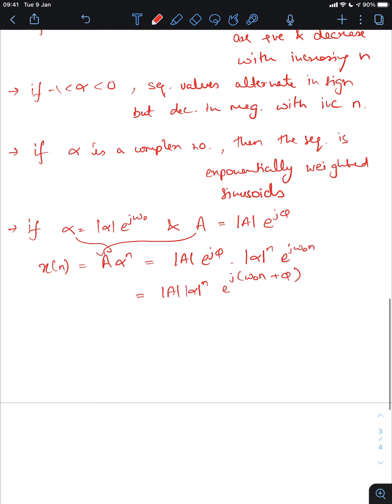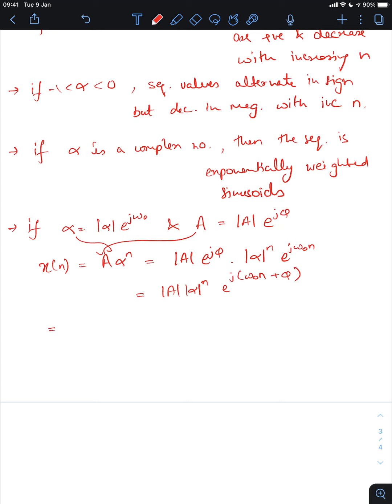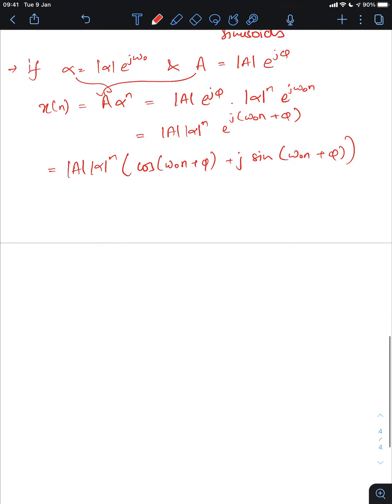So this is in polar coordinates. In rectangular coordinates, it can be written as mod a mod alpha to the power n times cos(omega naught n plus phi) plus j sin(omega naught n plus phi).